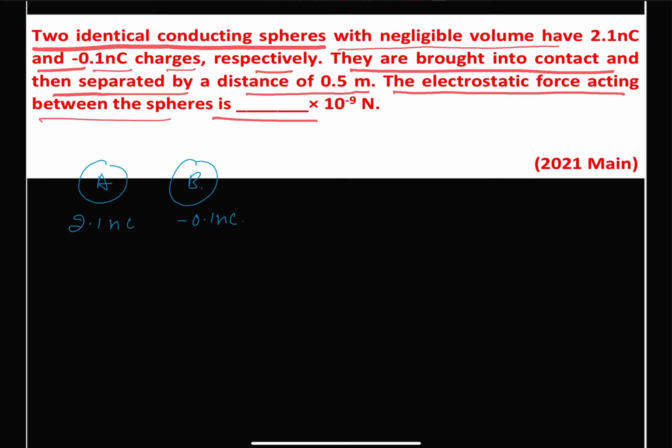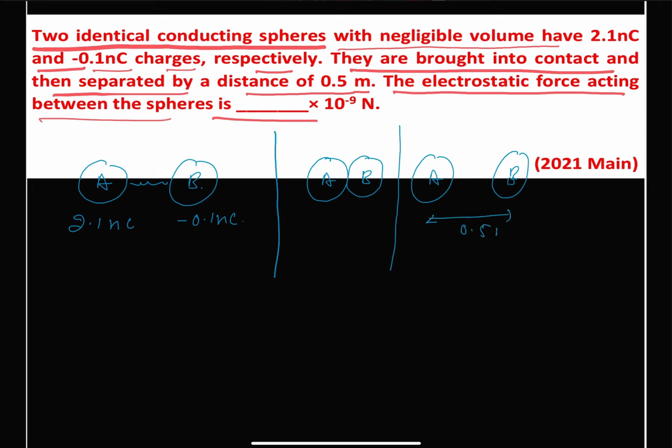And then they are brought together. So it will be something like this. So this is our A and B, and then they are again separated. So this is our A and this is our sphere B. Now the distance between them is given to us 0.5 meters. We have to find out the force acting on them.